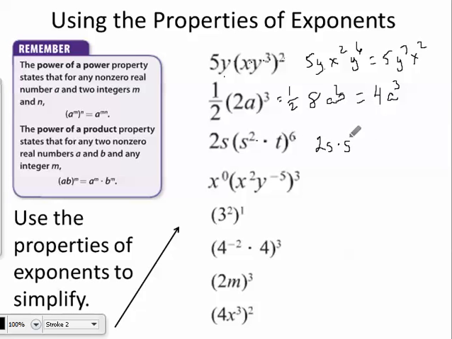That'd be s to the 12th times t to the 6th. Well, 12 and 1 will be 13, so this will be 2s to the 13th t to the 6th. Okay? Like I said, I don't want to do all of these, but I did want to show you how they're being done. Okay?